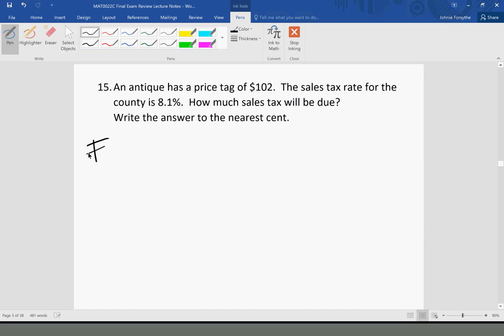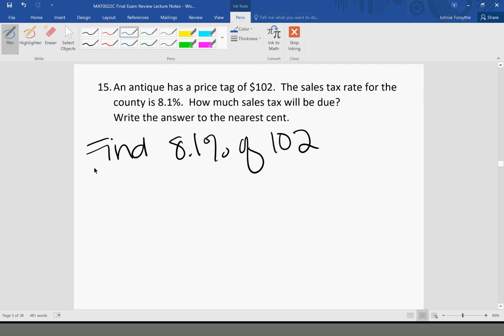Okay, so we want to find 8.1% of 102. To do that, we're going to change 8.1% to a decimal. So 8.1% is going to equal 0.081 because we move it 2 places to the left.